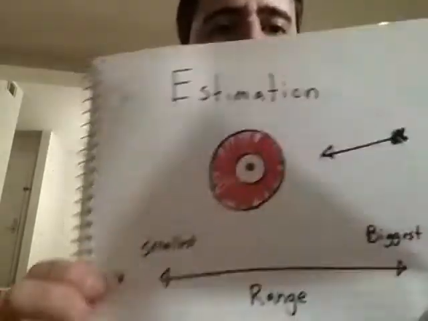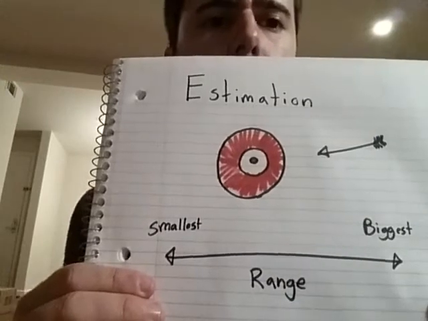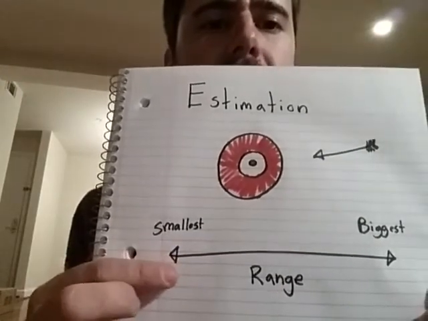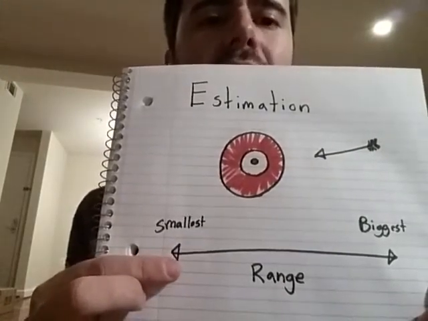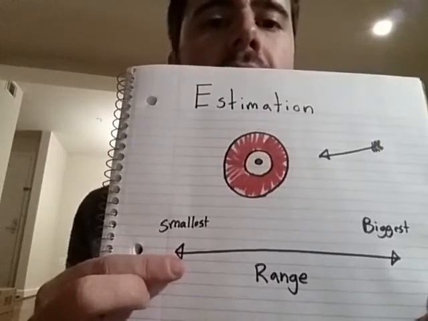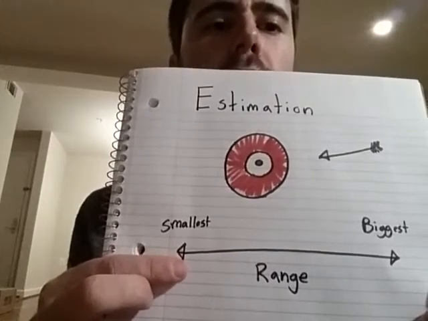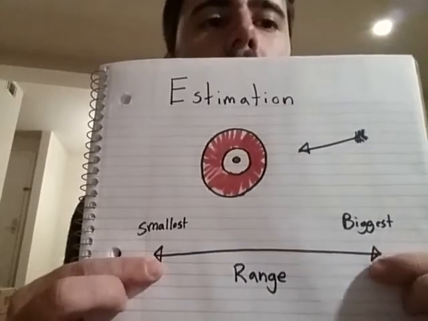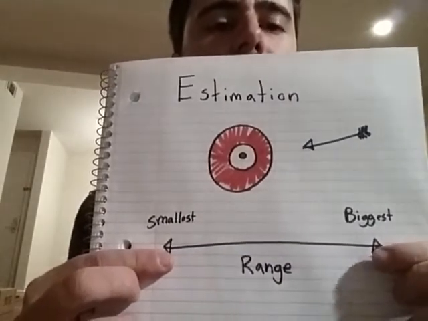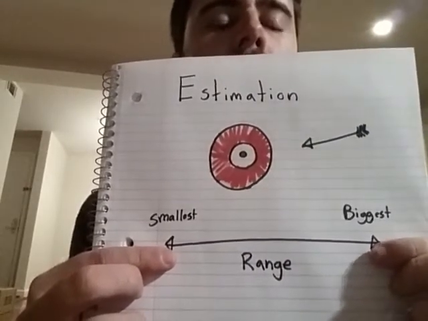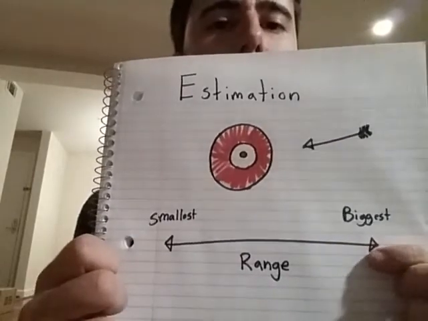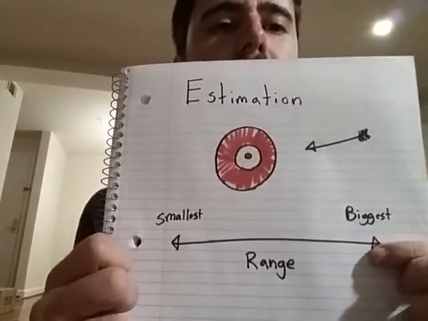So again, the strategy I'm teaching you is overestimation and underestimation, all right? So I've drawn a little line here, and at the base is the smallest possible number that the answer could be. And at the other end of this arrow is the biggest possible number that the answer could be.